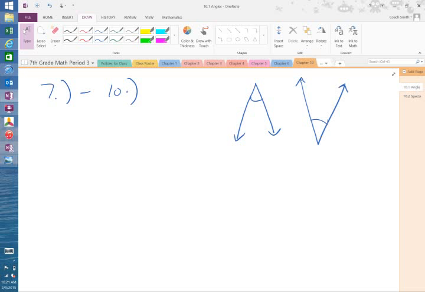Now shift down to number 14. Number 14 is a little bit different. They give you 19 degrees, and you have to have your degree sign on there for it to be correct, so don't just put 19. They basically want you to list the other angle measurement if the first angle and the second angle are complementary and supplementary.